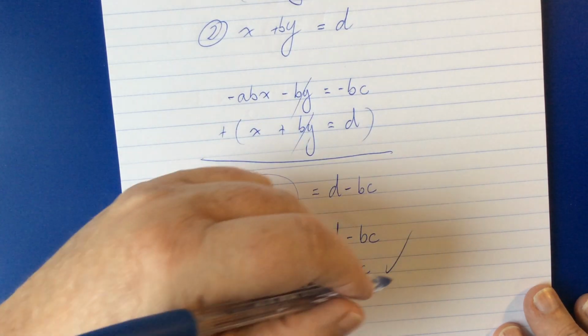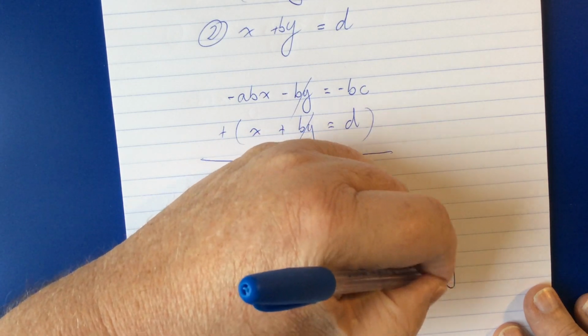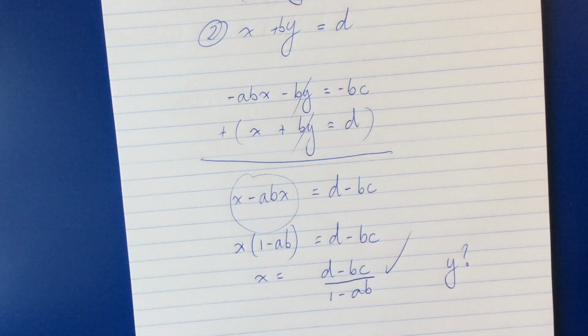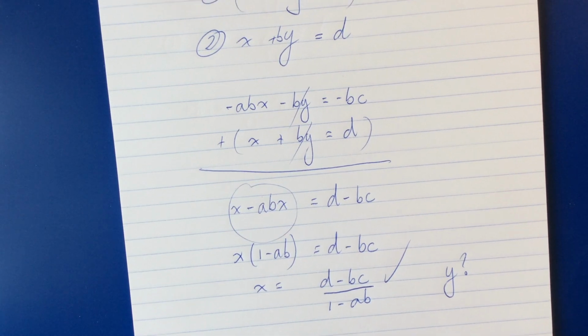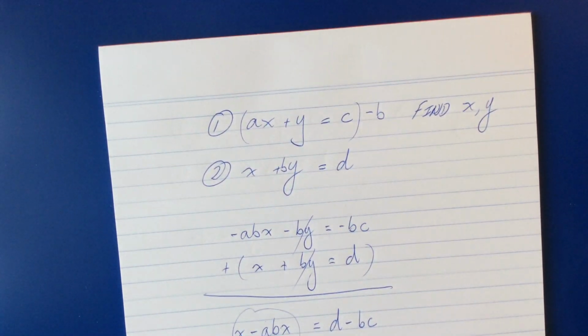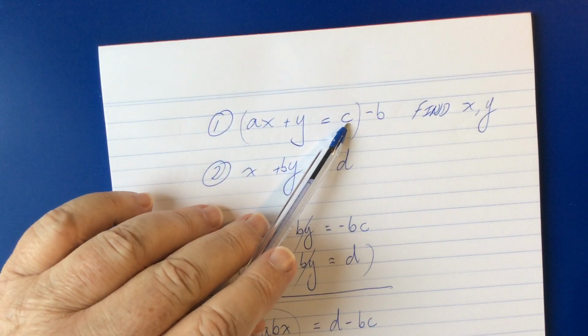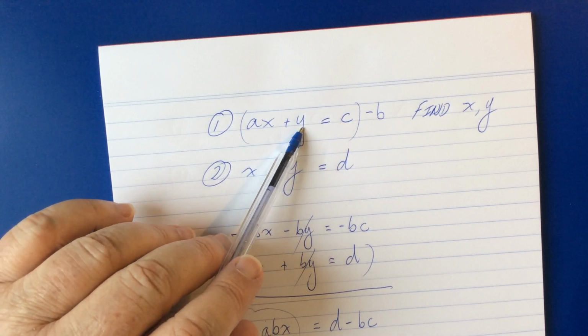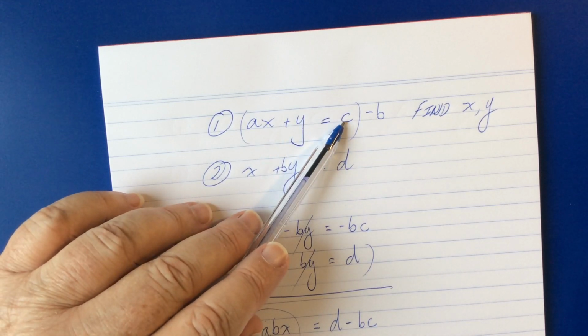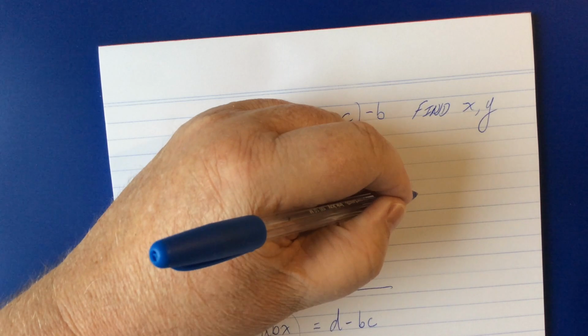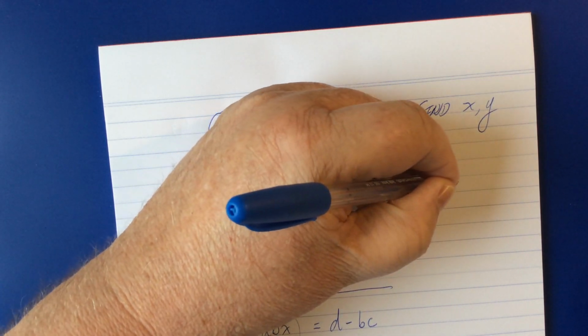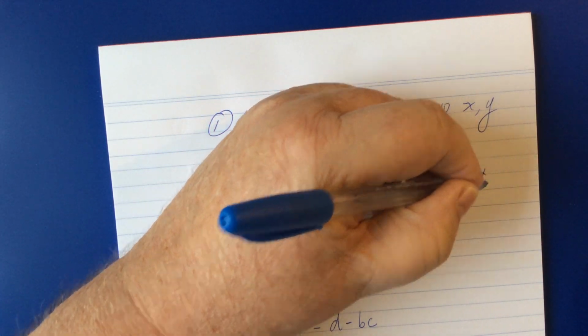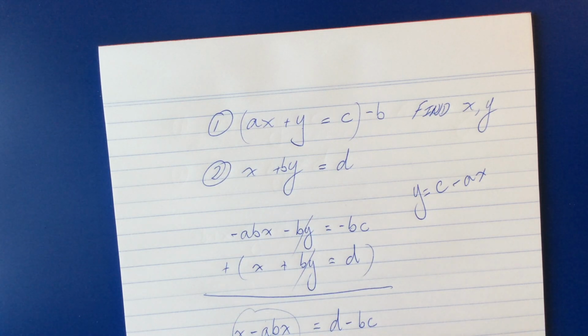Now we've got to find y. We're still in the business of looking for y. Earlier on I dismissed the idea of substitution. However, I did say that y was equal to c minus ax, and that may well be where we head with this.